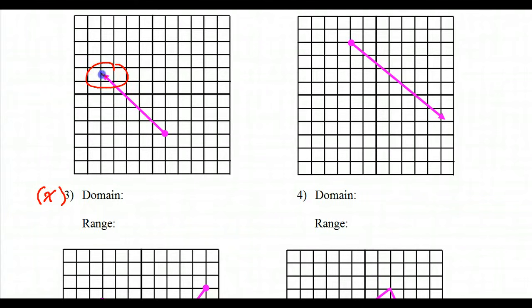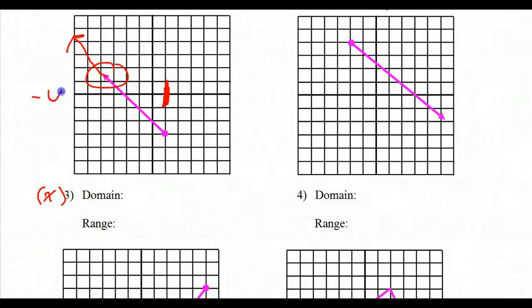Okay, that indicates that this graph keeps on going in this direction forever. It doesn't stop. So as I go to the right, I know that this graph ends here. It doesn't go any further to the right. But as I go to the left, this graph goes forever to the left. It doesn't stop.